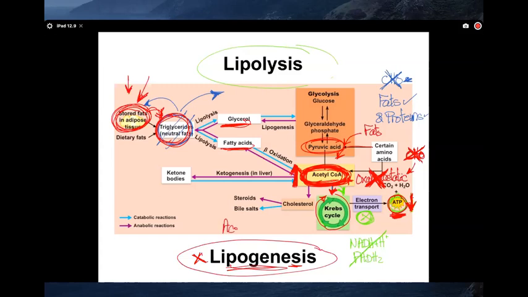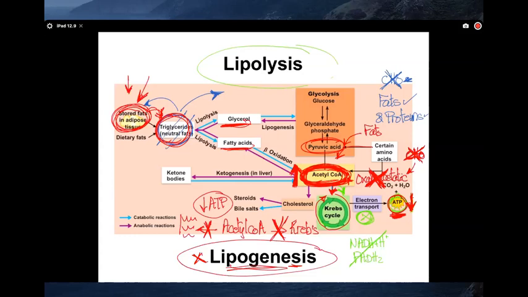So you've got acetyl-CoA, it can't be broken down through the Krebs cycle because you don't have oxaloacetate, and you can't go back to form triglycerides because you don't have energy. I have low ATP in my cells. So what will I do in this case?